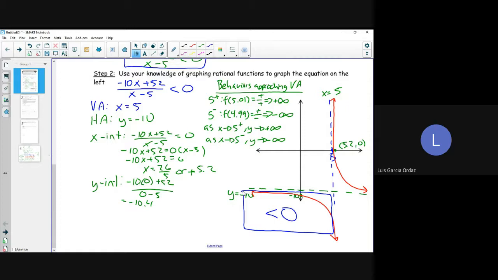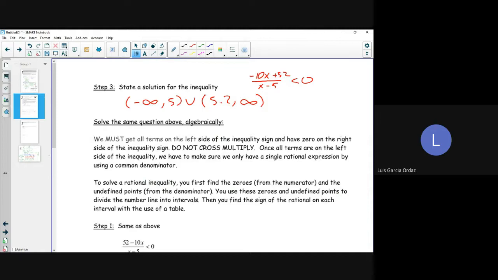From 5 to around 5.2, this graph is bigger than 0, but from 5.2 and onwards, it is going to be less than 0. Okay? So does everybody understand the solution or the interval notation for the inequality?